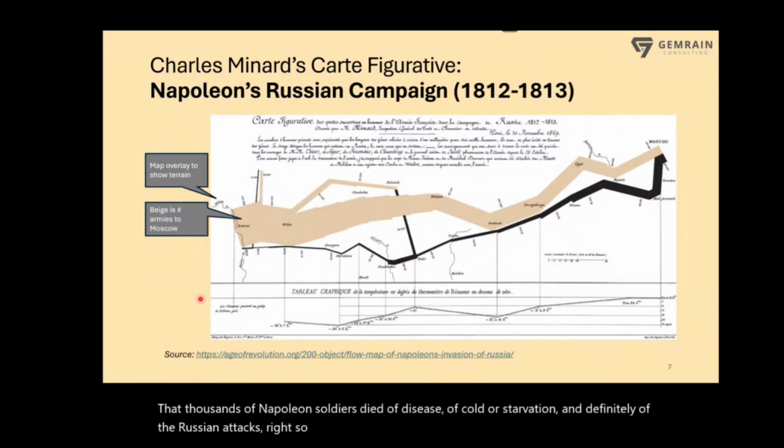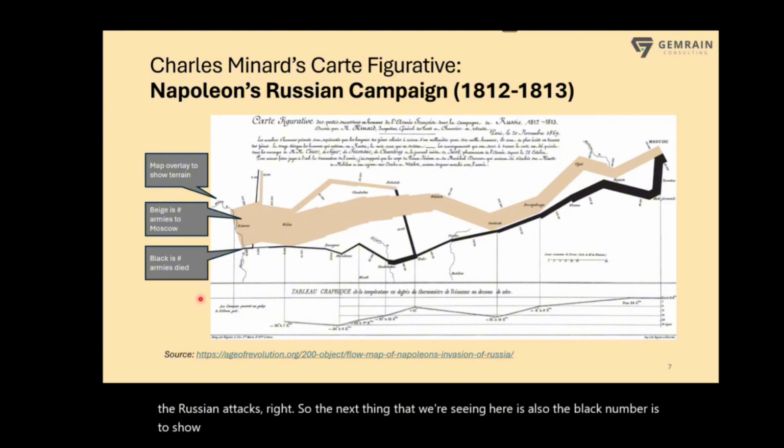The next thing we see here is the black number, which shows the number that is coming back from Moscow to France, as well as the number of soldiers that died.